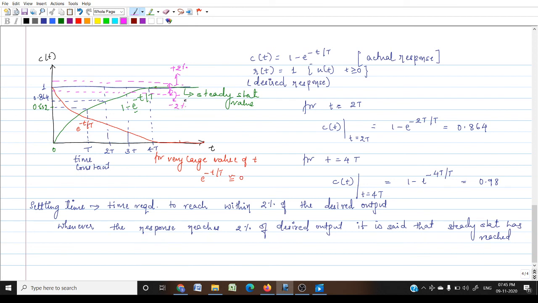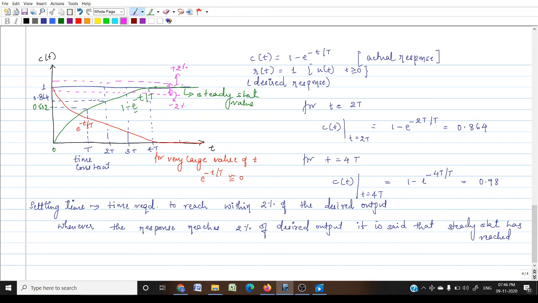If your response has reached within this pink envelope, we say that it has reached the steady state. That is how we define the steady state. So settling time is the time taken for a system to come within that envelope. Somewhere here we have this 2% point, and that time is the settling time.